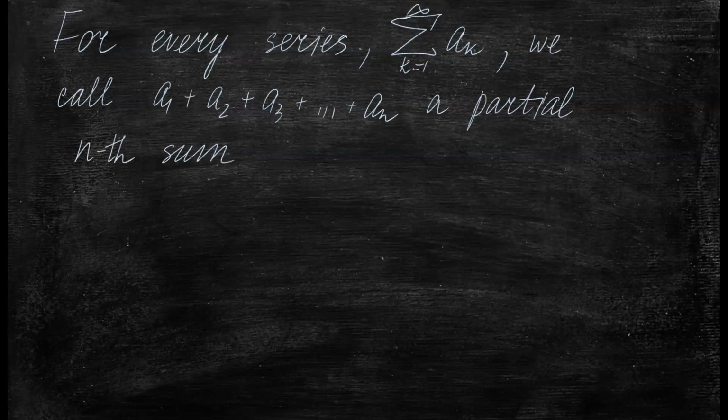So it's the sum of the first n terms, and the partial sum can be expressed like this. It is the sum of the first n terms, and using the big sigma notation we can express it like this.